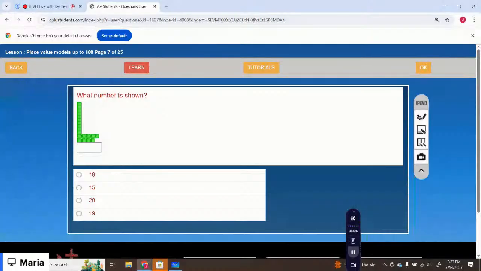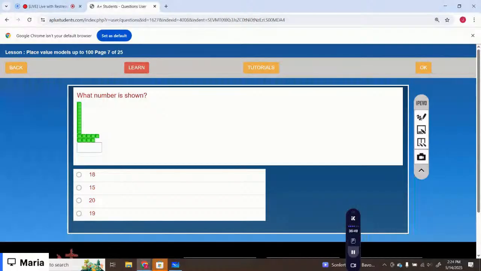What number is shown? That is 1 ten and 9 ones.